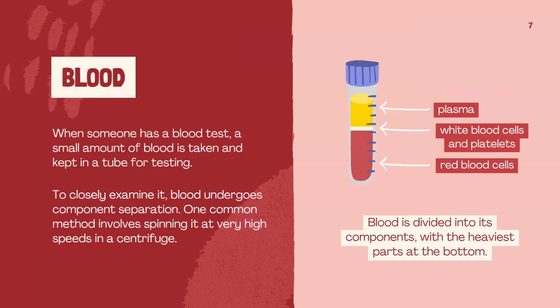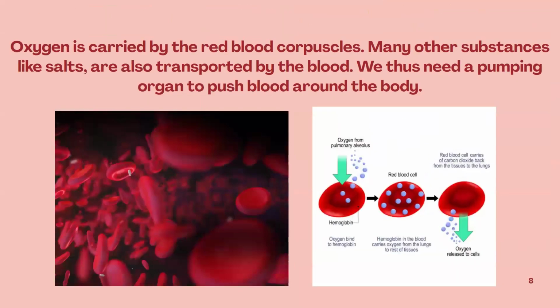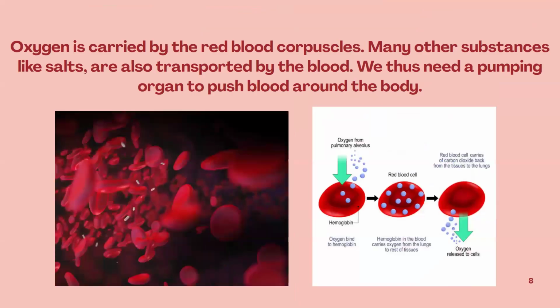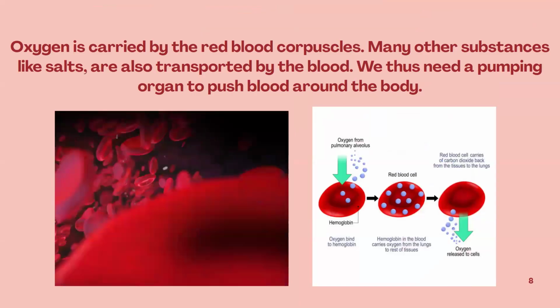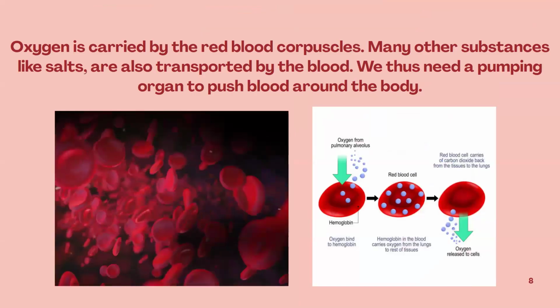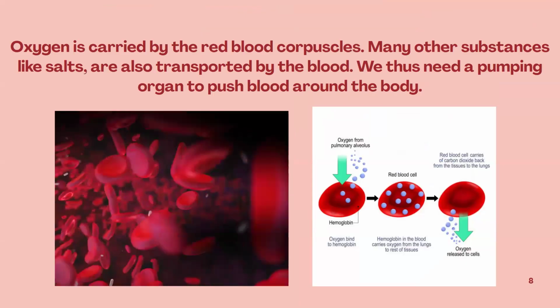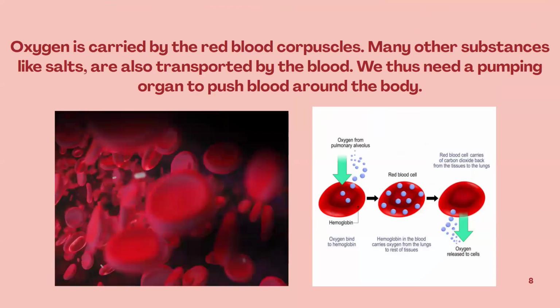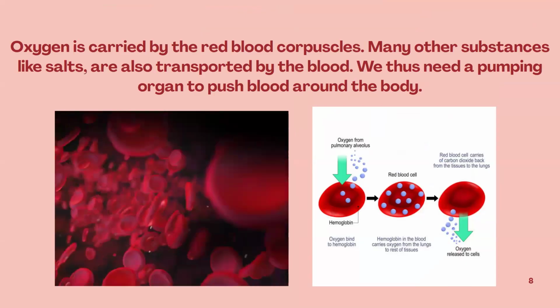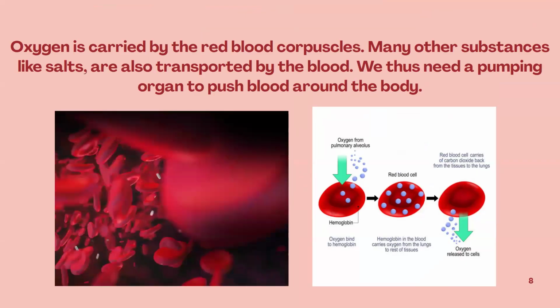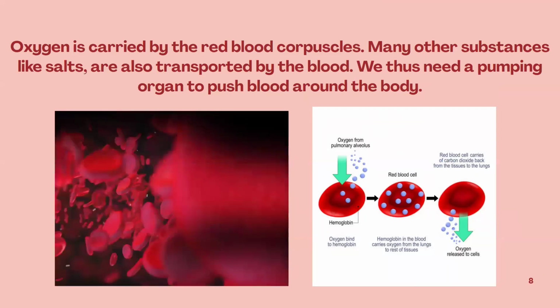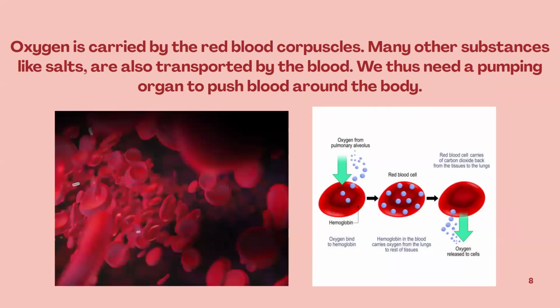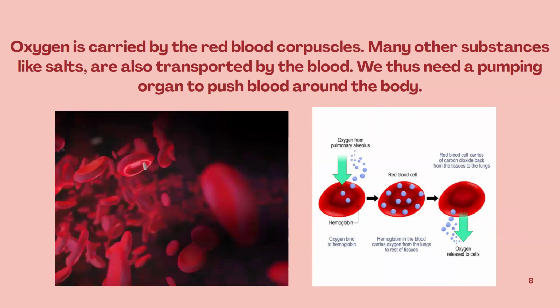So these are the components of the blood. It is very important: oxygen is carried mainly by the red blood cells, and many other substances like salts are also transported by the blood. We thus need a pumping organ to pump blood around the body.